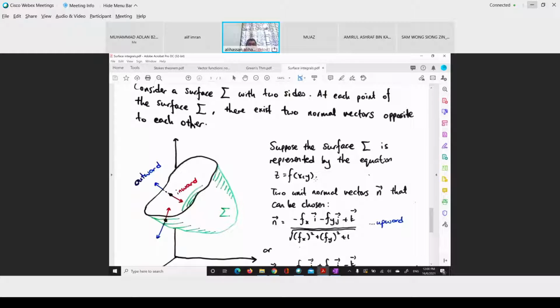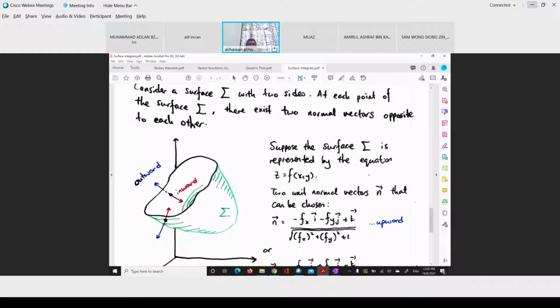You can see they are negatives of each other, right? The normal vector in the upward direction is the negative of the normal vector in the downward direction. We need to know this idea of normal vectors to a surface when we discuss Stokes theorem.